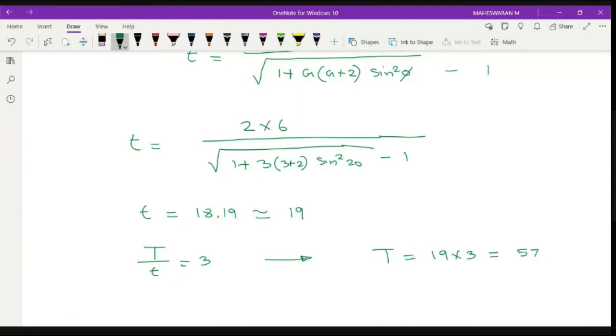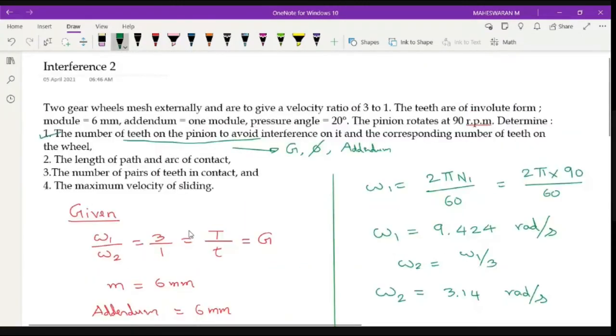Any doubt in this? No, sir. So this is the first part. The first part is over. Minimum number of teeth to avoid interference for pinion and its corresponding teeth. So look at the question carefully. They mentioned to identify the minimum number of teeth on pinion to avoid interference and what is the corresponding teeth on the wheel.